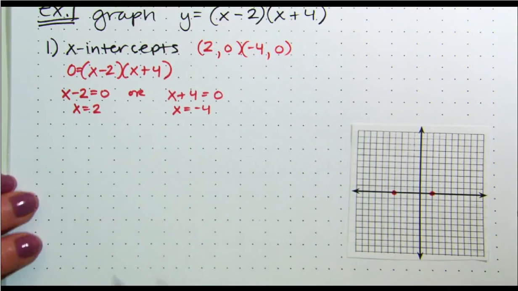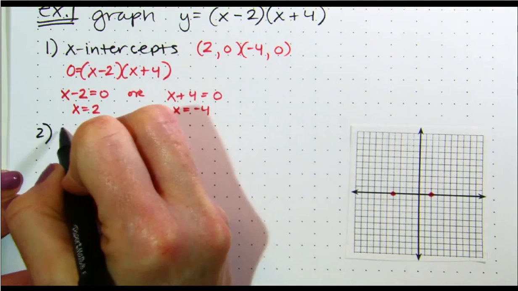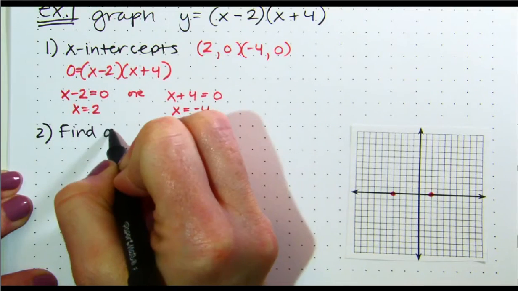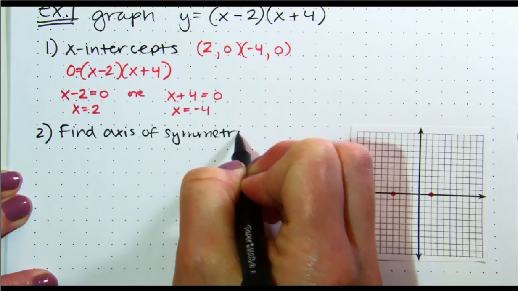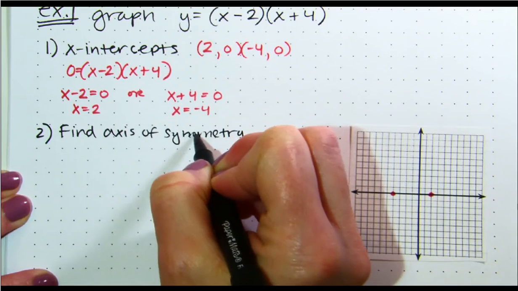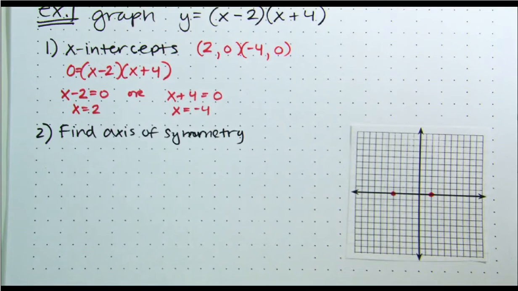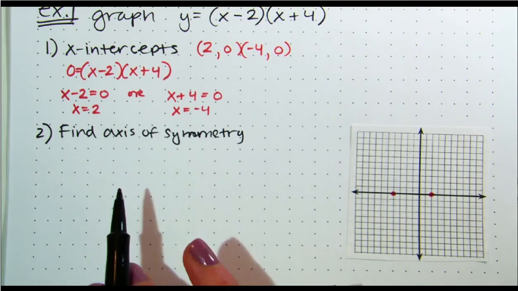Okay, and step 2 is to find the axis of symmetry. Now the thing is, in the previous lessons, to find the axis of symmetry, we used a little formula, negative b over 2a.